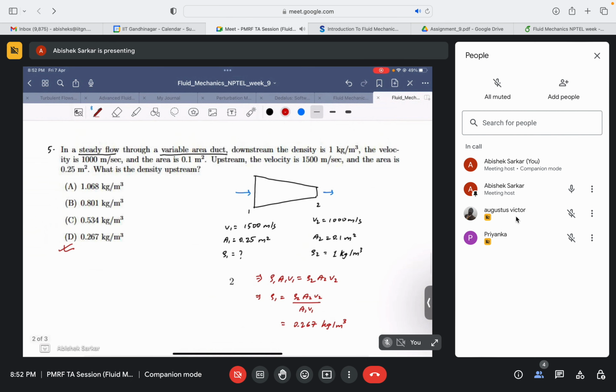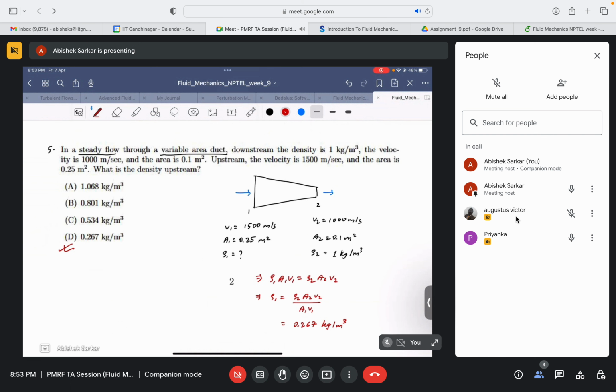Okay. I would say it's a very interesting question, very conceptually, as I've already mentioned. So, just out of curiosity, can anyone of you tell me why this problem is conceptually very interesting? Whatever you may feel, why it is interesting. It's very simple, but yet it's very interesting.